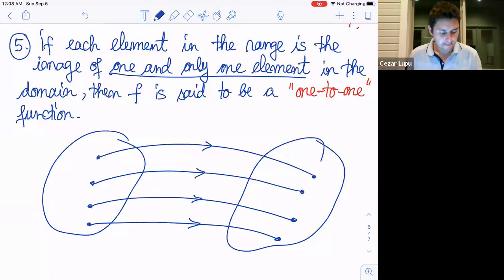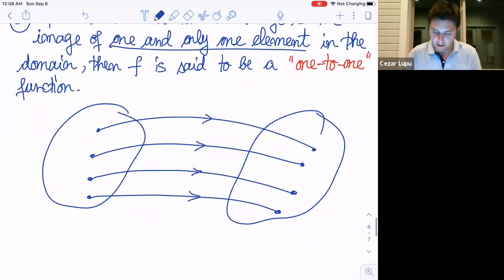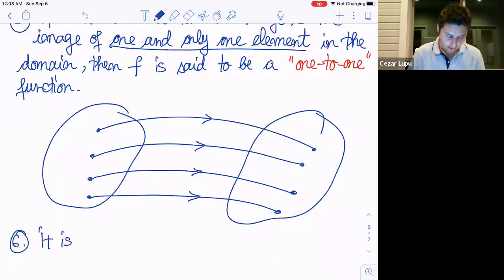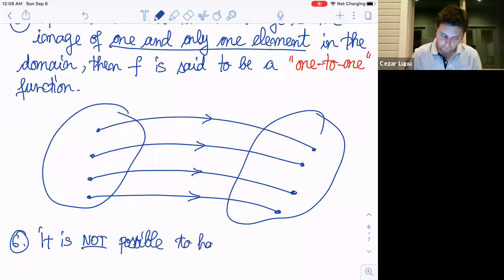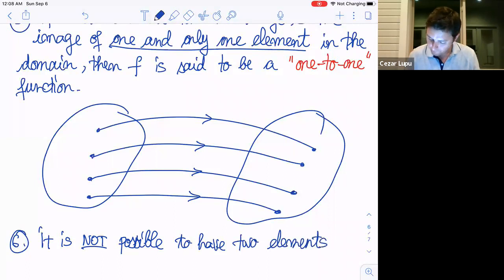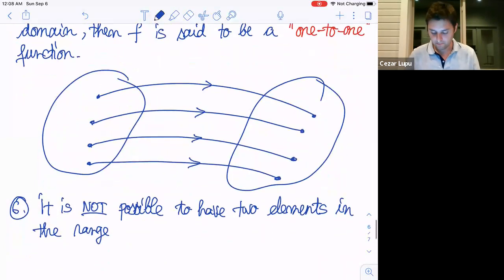All right. And now the sixth one is that it is not possible to have two elements in the range for one element in X. So that cannot happen.